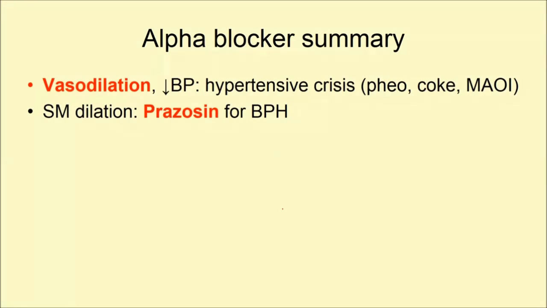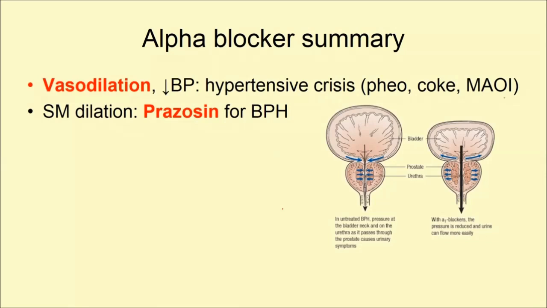So it would be hypertensive crises where you would use an alpha blocker to vasodilate and lower blood pressure. In another case, BPH, where it is abnormally constricting your output, then you want to relax that muscle. That would be an alpha-1 selective blocker for BPH.